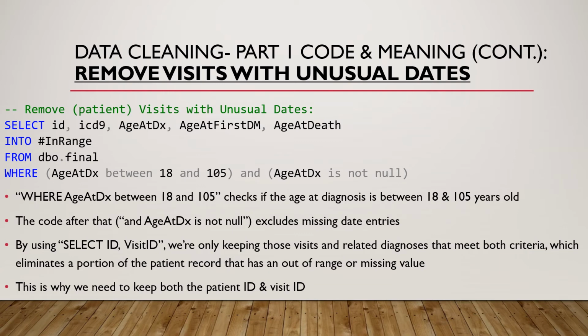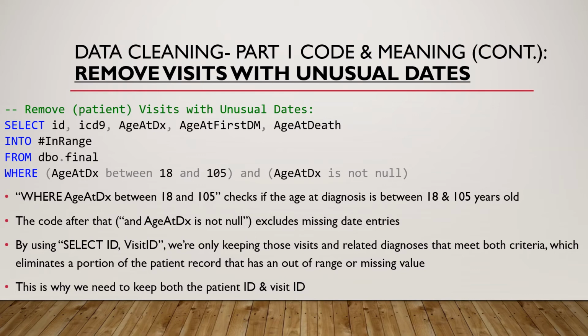So where age at diagnosis between 18 and 105 checks if the age at diagnosis is between 18 and 105 years old. The code after that, and age at diagnosis is not null, excludes missing date entries.